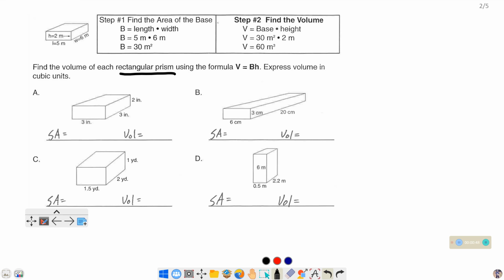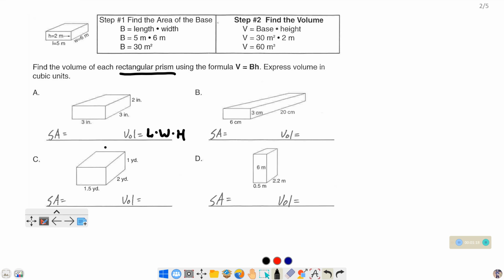Remember, to find the volume, it's always length times width times height. It doesn't really matter which is which because ultimately you are multiplying them together.